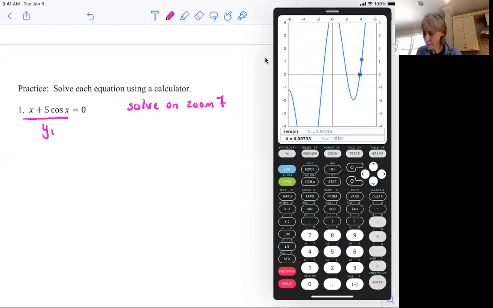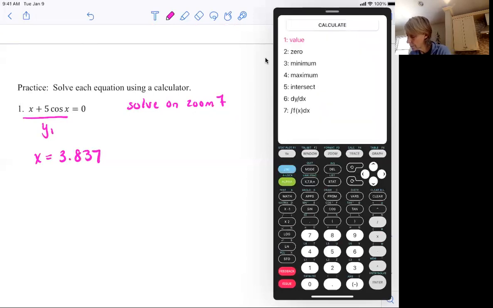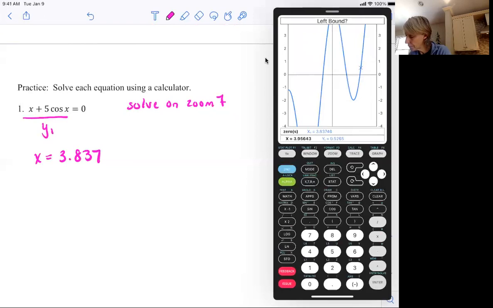So I have one x-intercept at negative 1.3, 3.837. Zero. I'm going to get this guy now. 1.977.